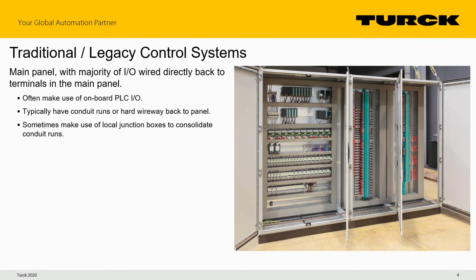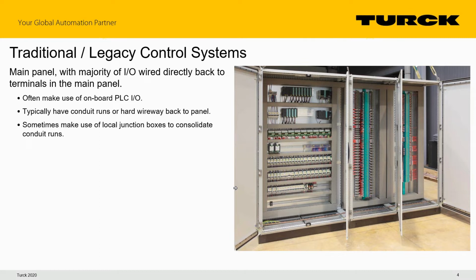Typically, all of the I/O in this panel will be either on the PLC rack, or it will be remote racks of the PLC brand. So if you're using a Rockwell PLC here, this would be a Rockwell PLC I/O rack, and there could be 3 or 4 I/O racks there. There is a hybrid mixed solution where we will have this main panel, and we will also have remote panels.